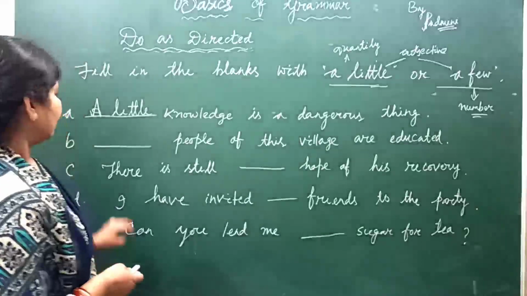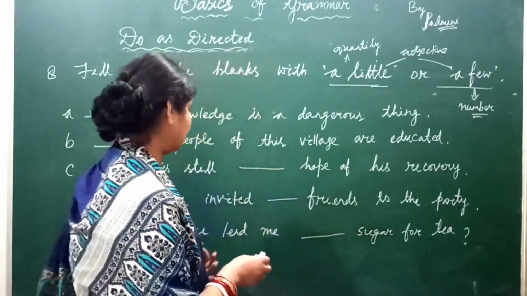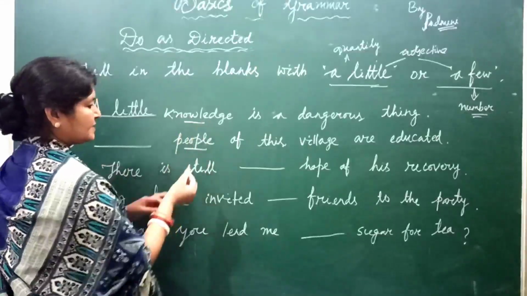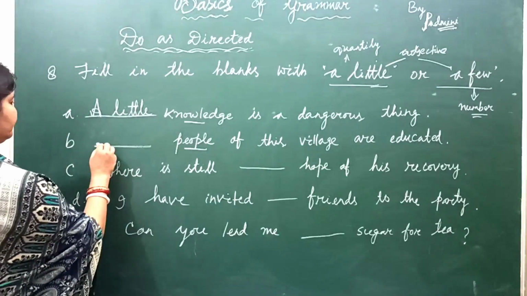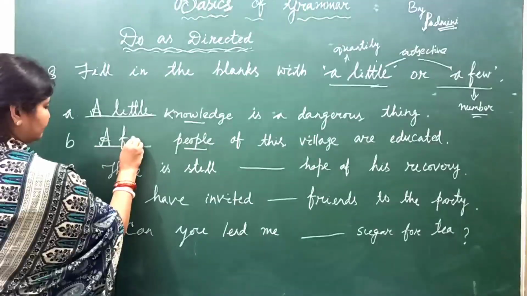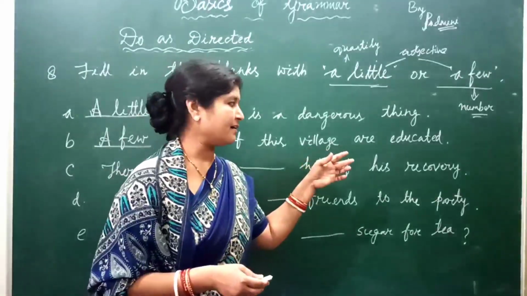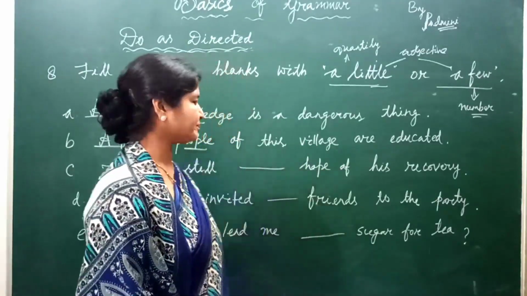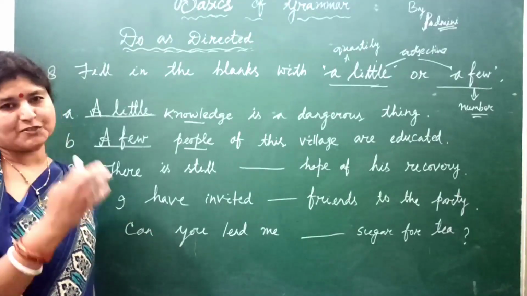Okay? Next, blank people of this village are educated. People is a countable noun. So what will we use? A few. A few people of this village are educated. Okay? So next answer I need from my dear students.